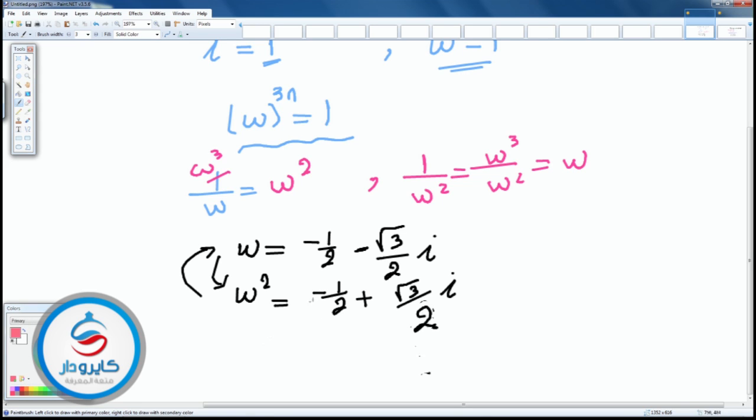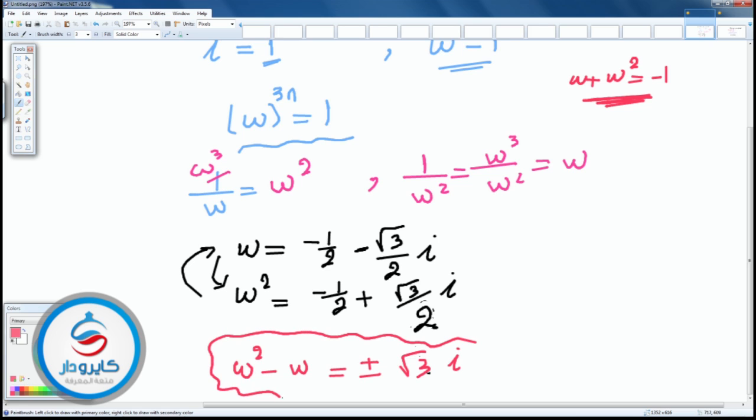We have omega plus omega square equals negative 1. This is in case of addition, but omega square minus omega equals positive or negative root 3 i. This is a very important relation between omega and omega square.